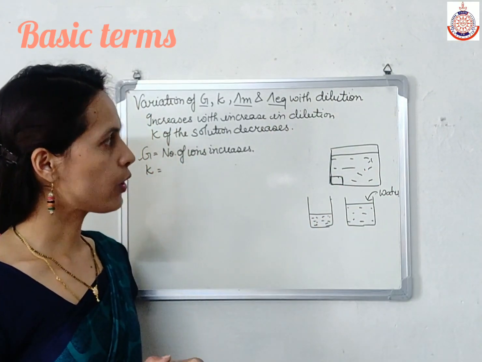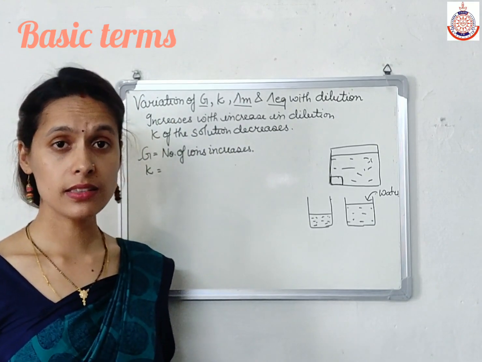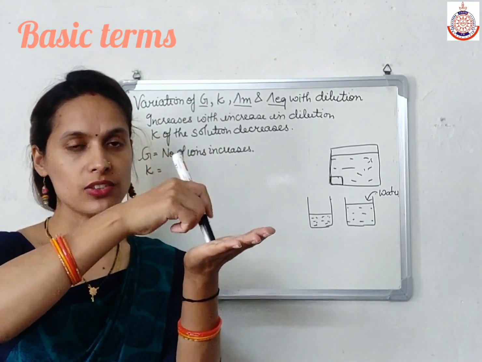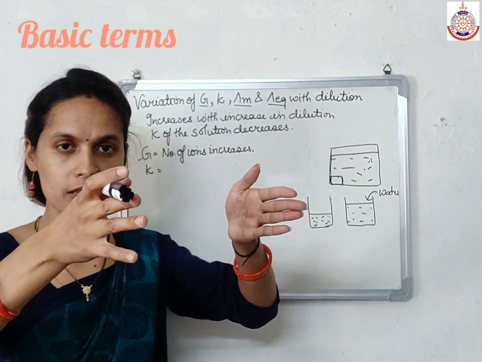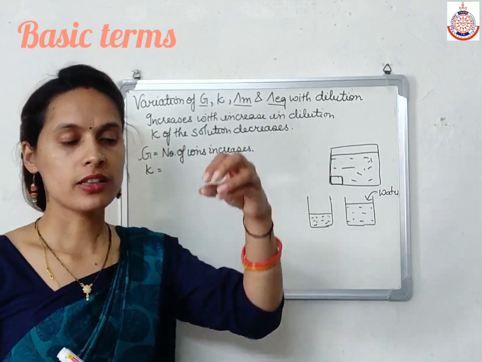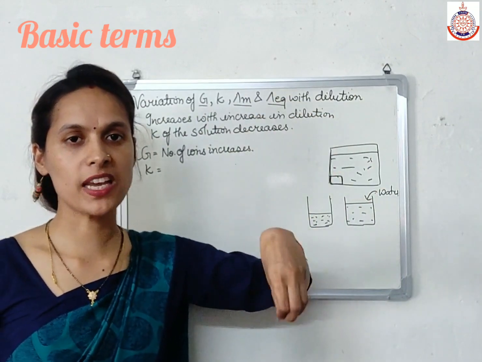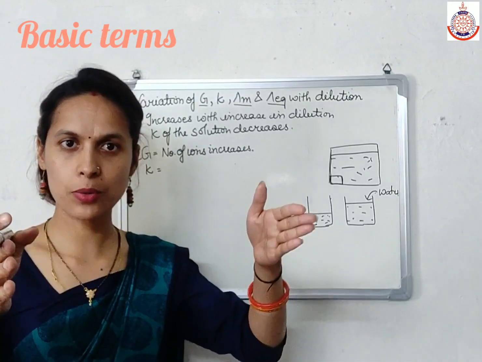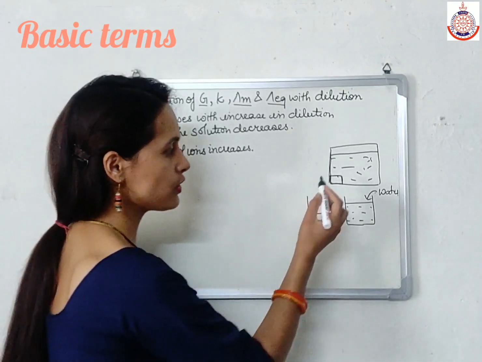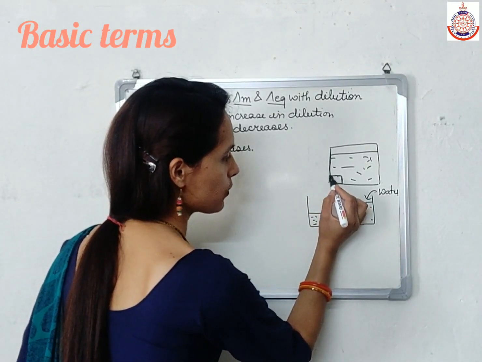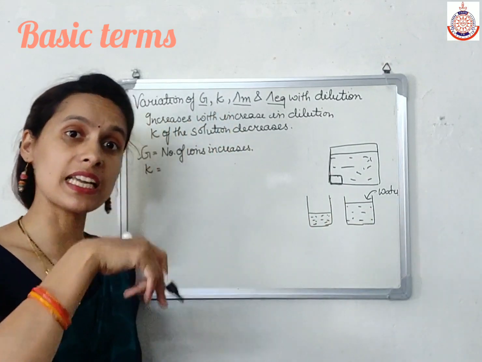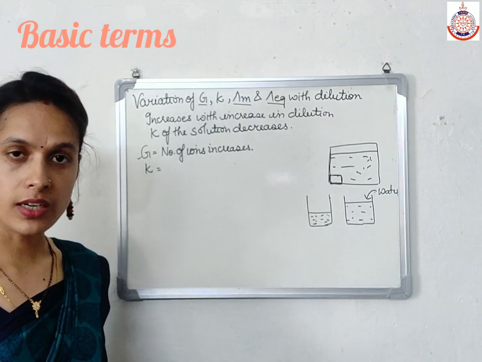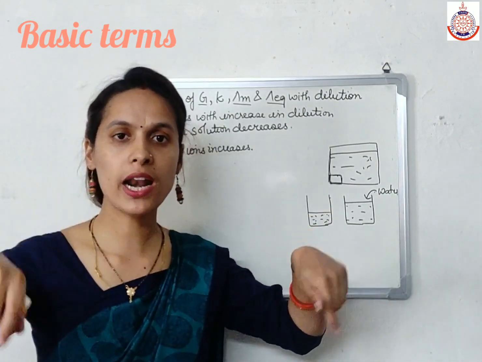Means on dilution, volume increases, and the ions which are present very close to each other will move far away from each other, because on dilution the water molecules occupy the space between the ions, as a result of which ions move apart from each other, as a result of which the number of ions present in 1 centimeter cube decreases.